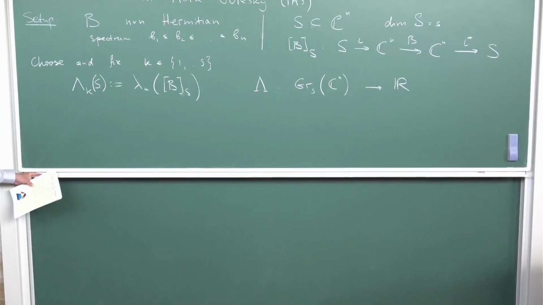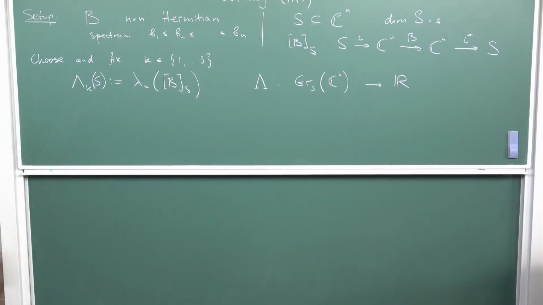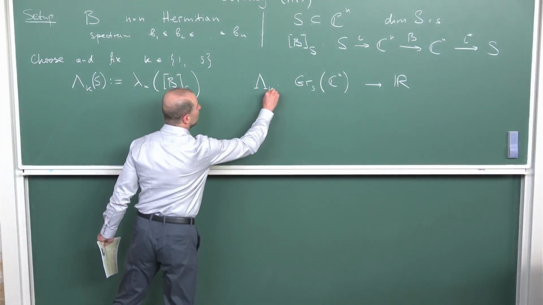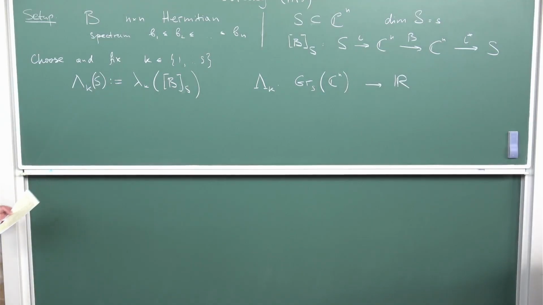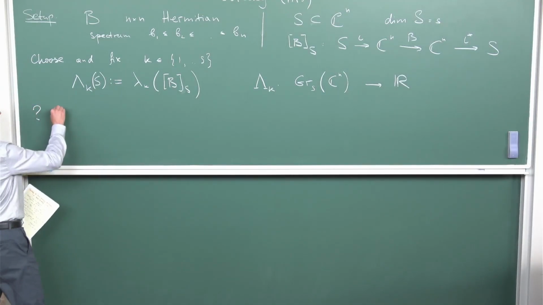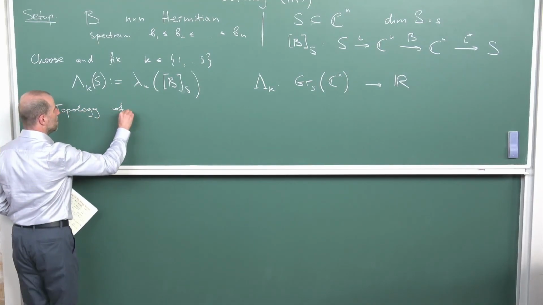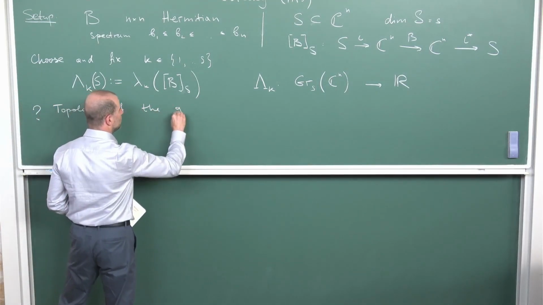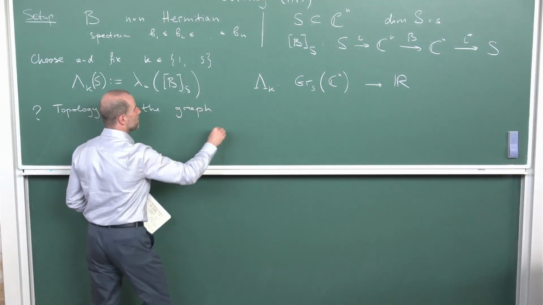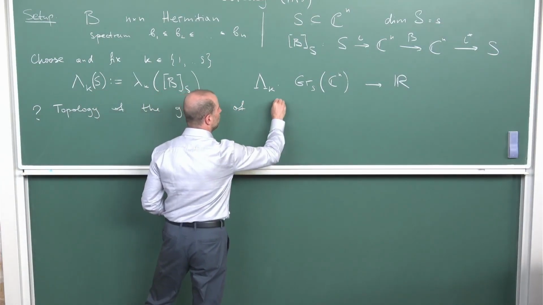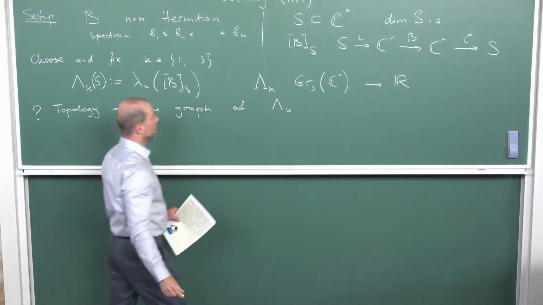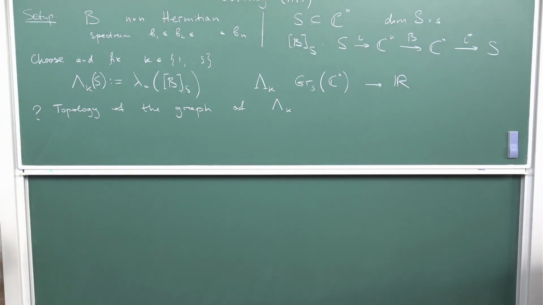And the question is, look at the graph of this lambda K. What can we say about its topology? So the general question is the topology of the graph of this function lambda K on the Grassmannian.